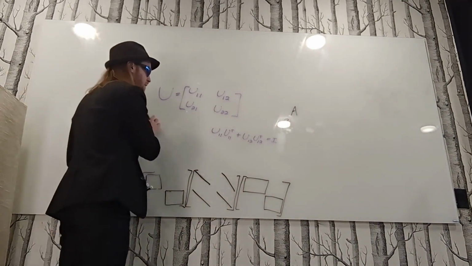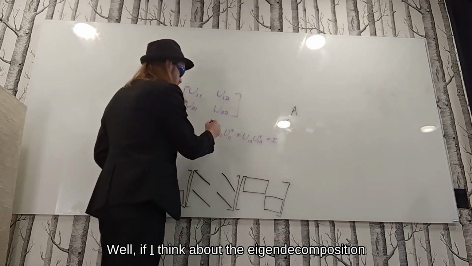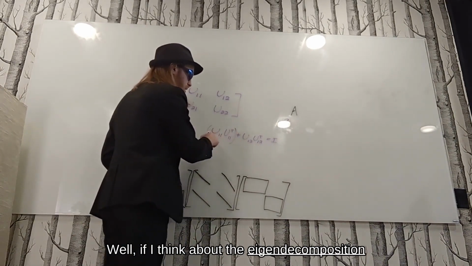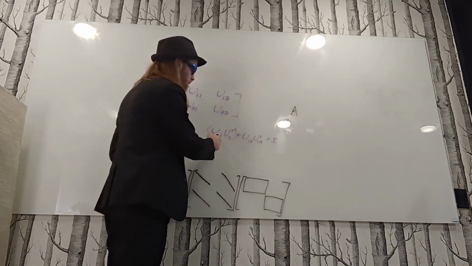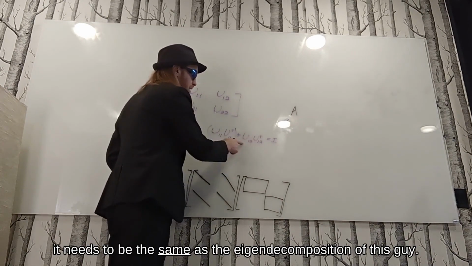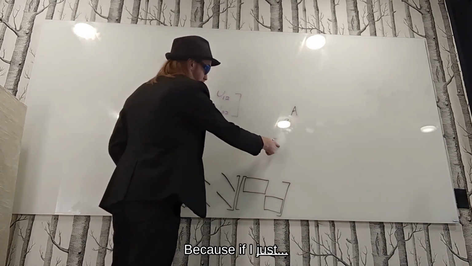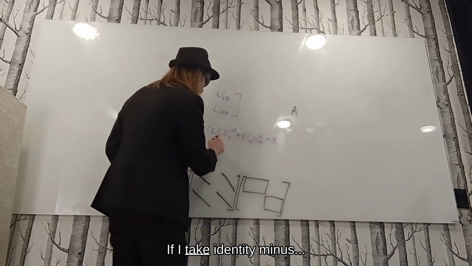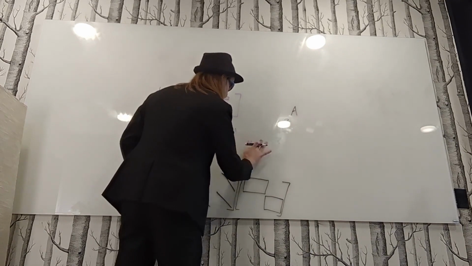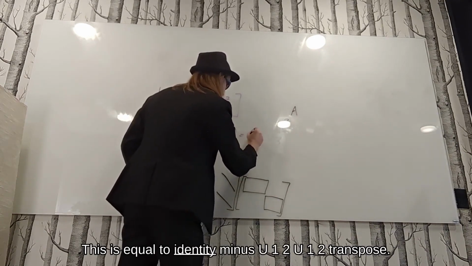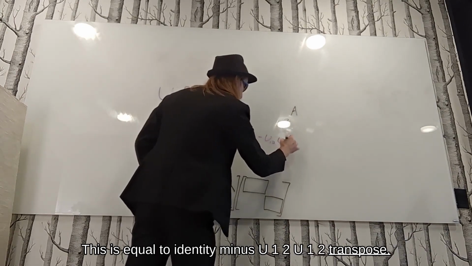All right. Why is that interesting? Well, if I think about the eigendecomposition of U11 times U11 transpose, it needs to be the same as the eigendecomposition of this guy. Because if I shift this around a bit, U11 U11 transpose is equal to identity minus U12 U12 transpose.